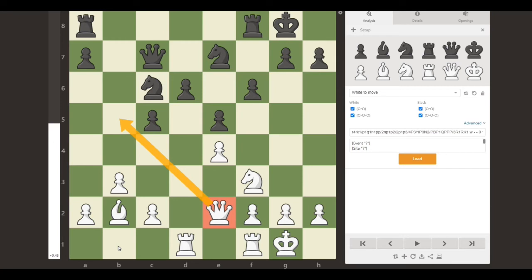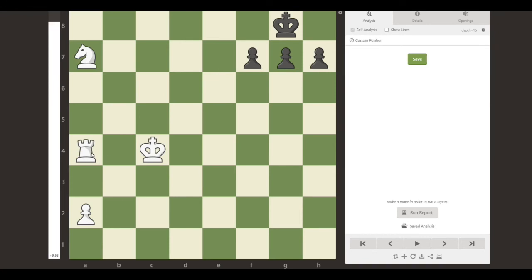The code letter for the queen is a capital Q. To figure out what square it moved to, we can use what we learned in the beginning and align the square to the letters and numbers on the board. The square would be B5. So, when notating this move, we would say QB5.